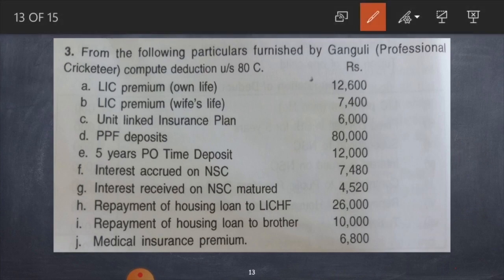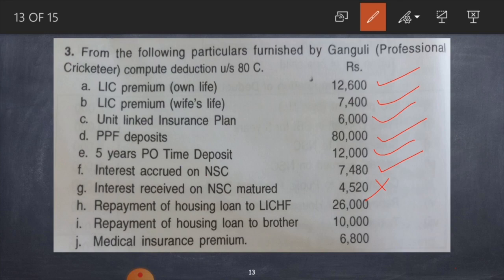It relates to Ganguly, professional cricketer. LIC premium of own life eligible, LIC premium of wife's life eligible, unit linked insurance plan eligible, PPF deposit eligible, 5 years post office time deposit also eligible, interest accrued on NSC eligible, interest received on NSC matured not eligible, only interest accrued is eligible.